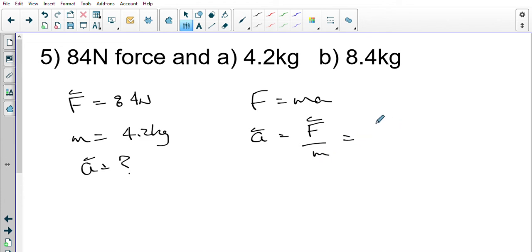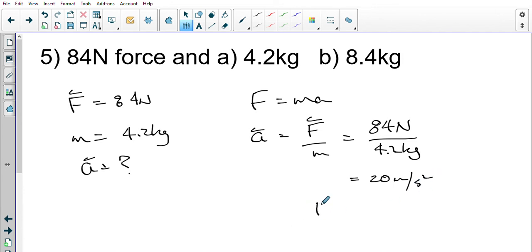So in this case, we'll take our 84 newtons, divide that by our 4.2 kilograms, and our acceleration in this case comes out, this is question number 5, just finding my notes, at 20. I can't even read my writing. Yeah, 20 meters per second squared.